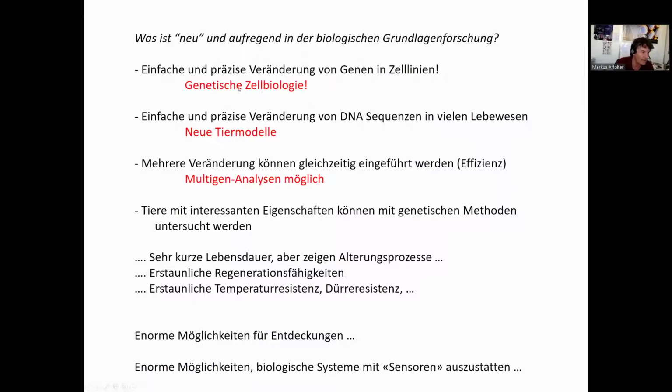Now you can do genetic cell biology. Very interesting. You can go to any animal model you want, butterflies, all kinds of interesting things. You can analyze multiple genes, and this is how phenotypes are made. Our phenotypes too are made by how genes work together.